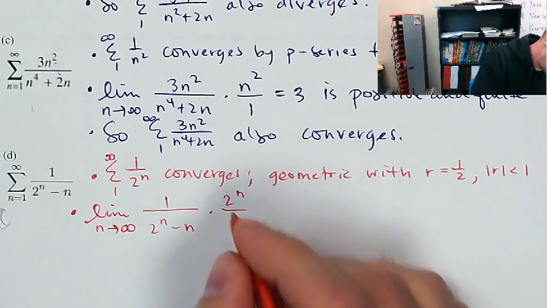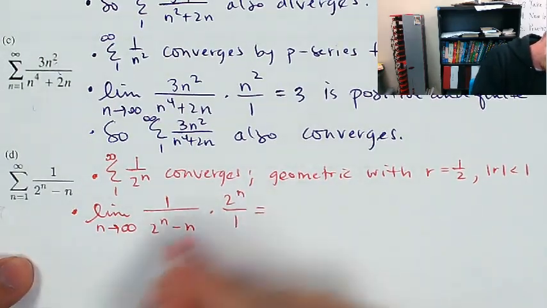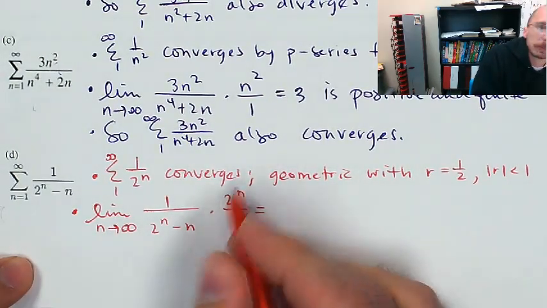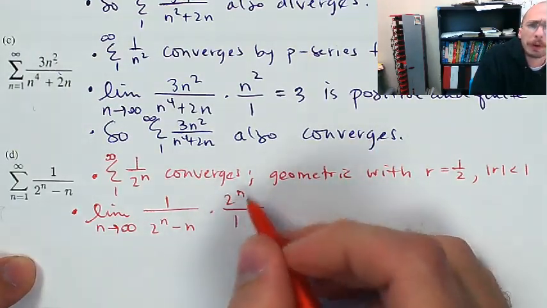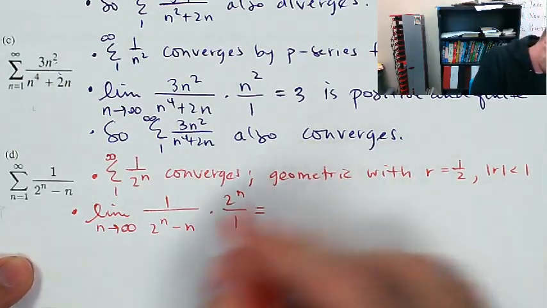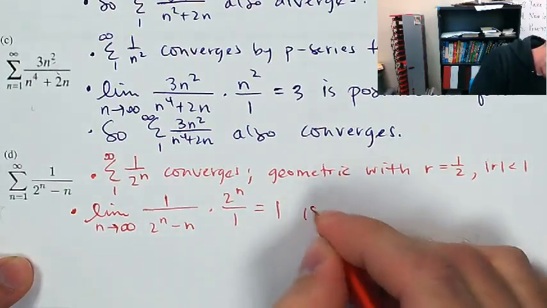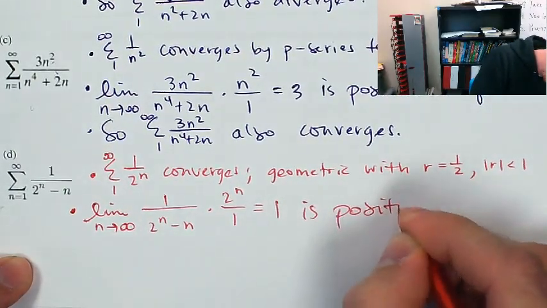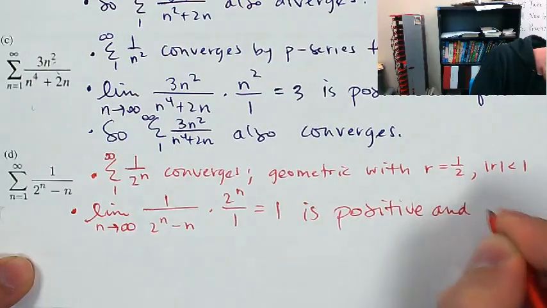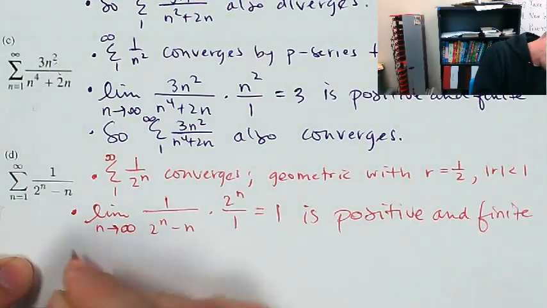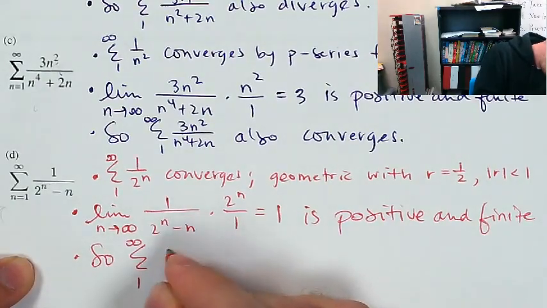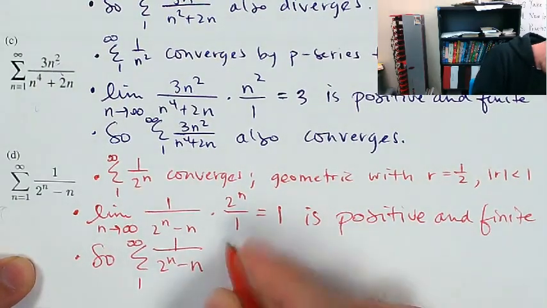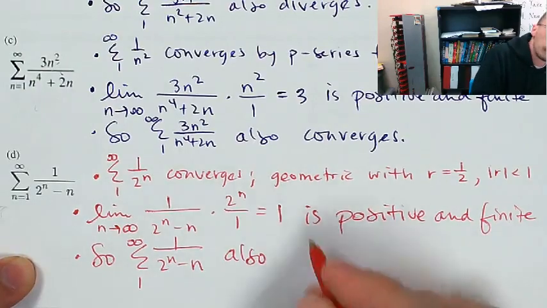This limit will be equal to 1 because they're essentially the same, 2 to the n and 2 to the n. We would divide the coefficients. There's no real coefficient on 2 to the n. It's just 1 times 2 to the n, and 1 is positive and finite. So as a result, I'm going to say the sum from 1 to infinity of 1 over 2 to the n minus n also converges.